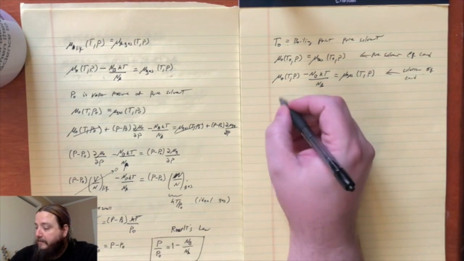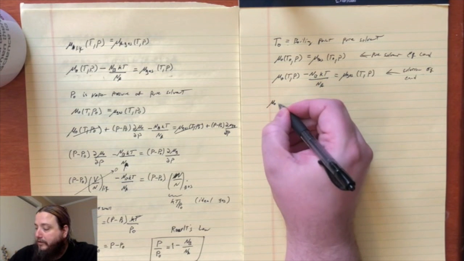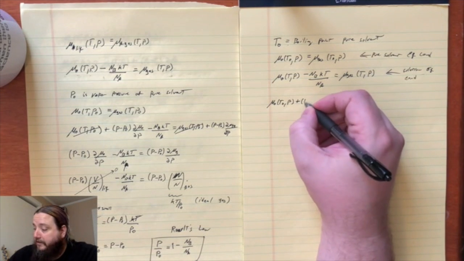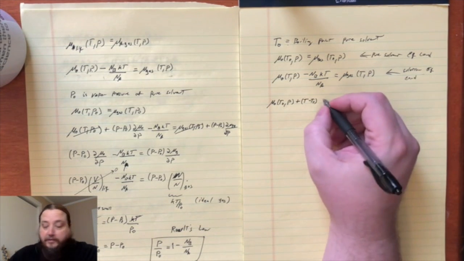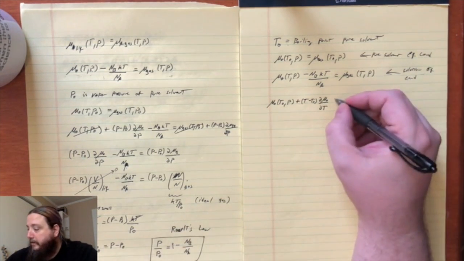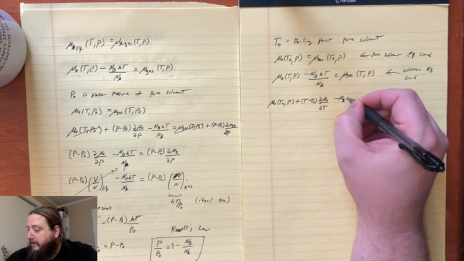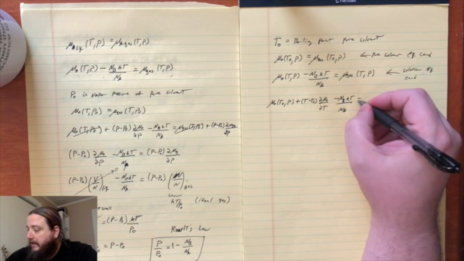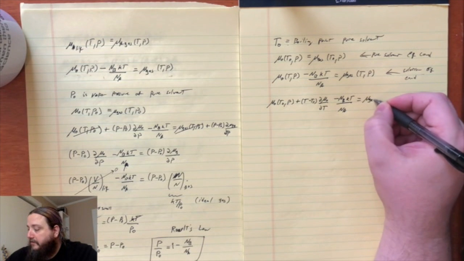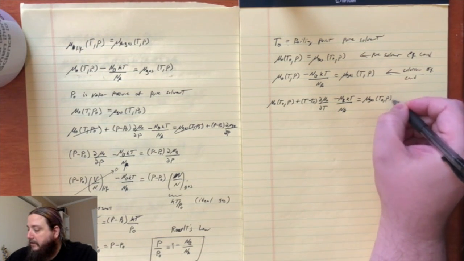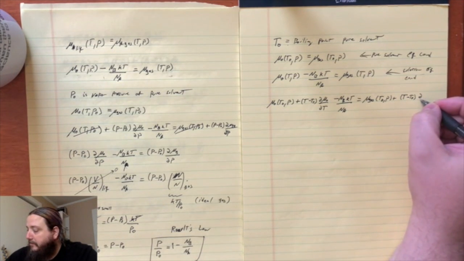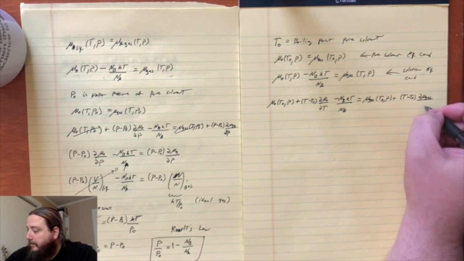We're going to say this mu naught at T and P is actually mu naught at T naught, P plus a linear term in the change in the boiling point temperature times d mu naught dT, again minus our solution term N_B kT over N_A. And we're going to expand the gas side in the same way: chemical potential of the gas at T naught and P plus a linear term, T minus T naught, times d mu gas dT.